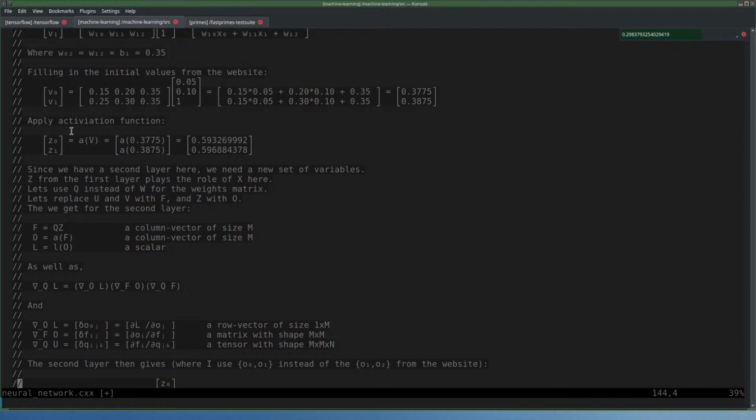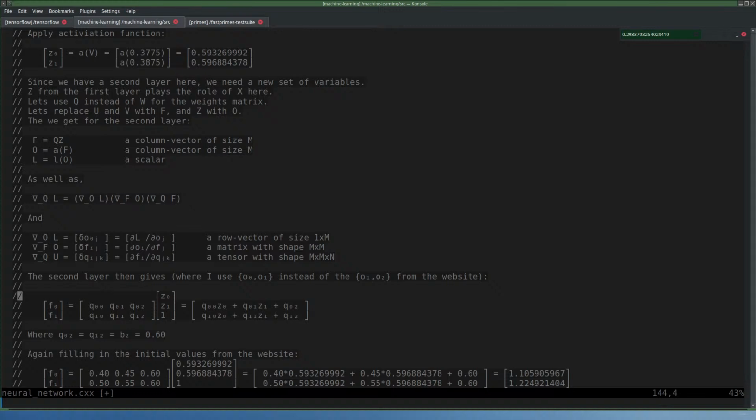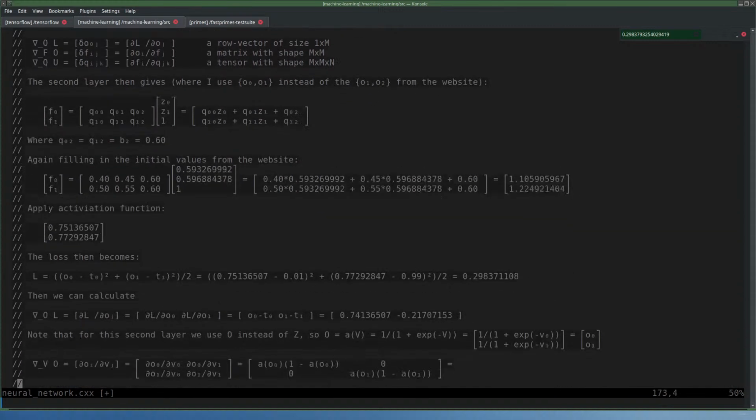Apply activation function, that is now O is A of F. So now we get O. Why did I have a 0 here?